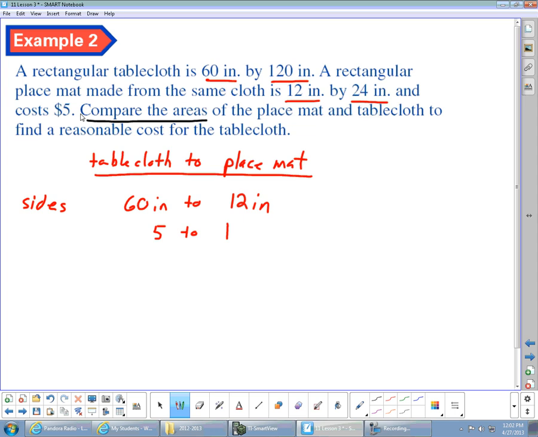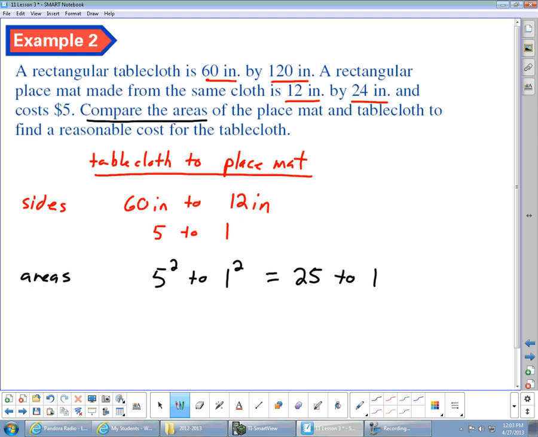So if it's 5 times bigger by a side length, how would the areas compare? Well, according to our theorem we just talked about, we would want to square that ratio. 5 squared would be 25, and 1 squared is just 1. So it ends up that the area would be 25 times bigger.